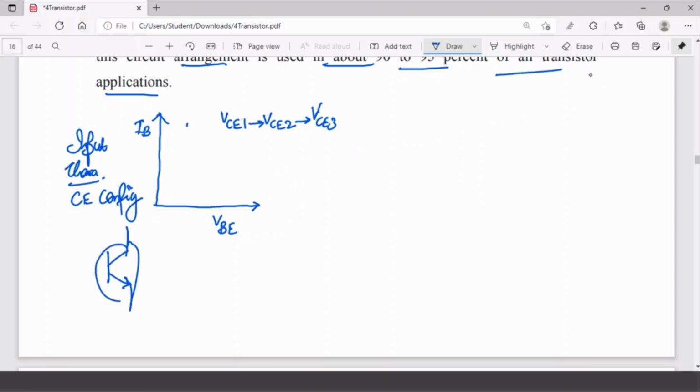So we are having the base current, the emitter current, and the collector current.